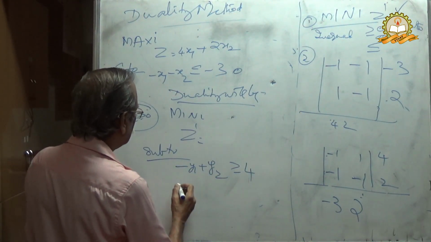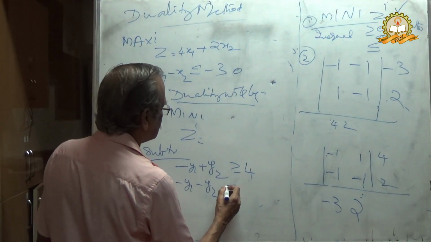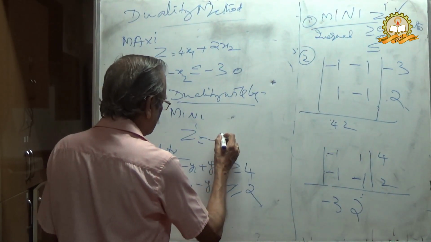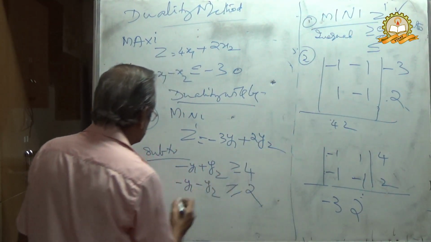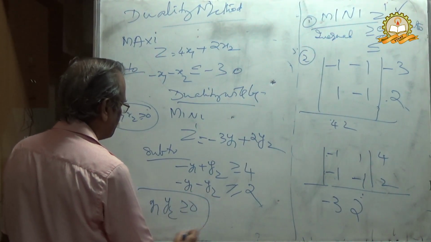Second condition, minus y1 minus y2 greater than or equal to 2. And the z function will be minus 3y1 plus 2y2, with y1, y2 greater than or equal to 0.